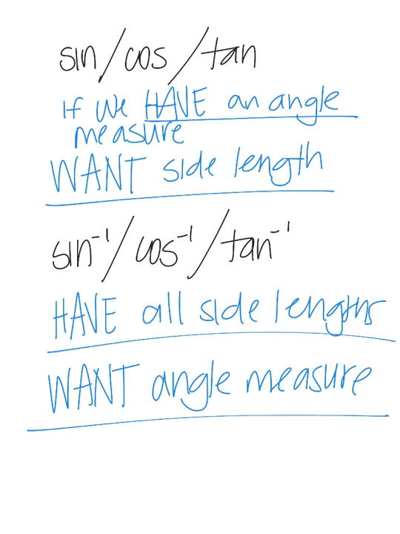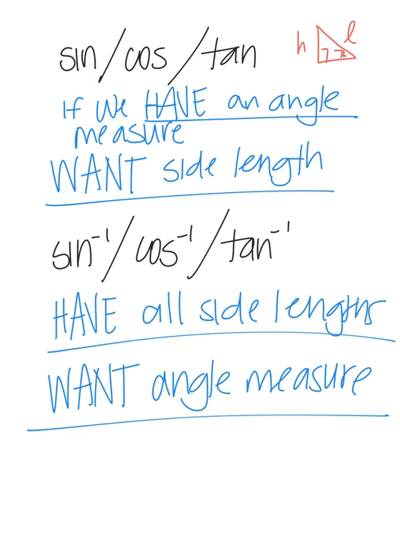Okay, so notice that if we have an angle measure and we want a side length, we're going to use sine, cosine, and tangent. So if we think back to the two problems that we did today, we had this guy here where we had H, L, and 72. If I have the 72, then I'm going to use sine, cosine, or tangent.